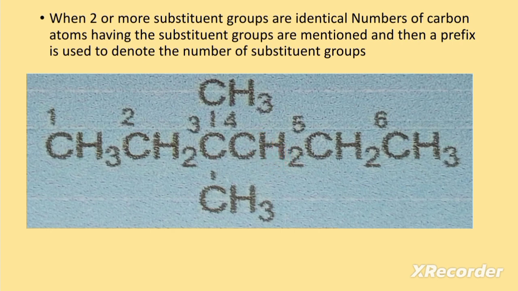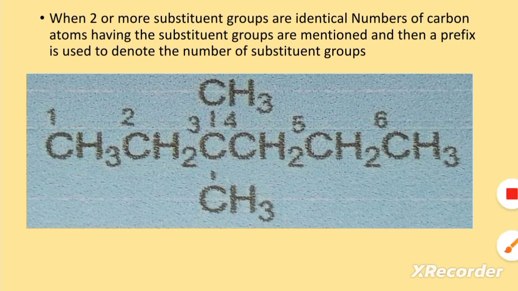In such cases, we should number the carbon atoms in such a way that these two carbon atoms get the lowest possible numbers, and we should write the two groups as dimethyl or diethyl, and write the two numbers in front. For example, 1,4-dimethylbutane. Likewise, we should mention the numbers in order and then the alkyl group name and the stem name.